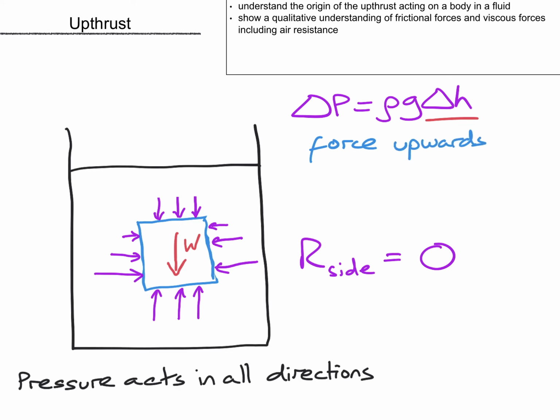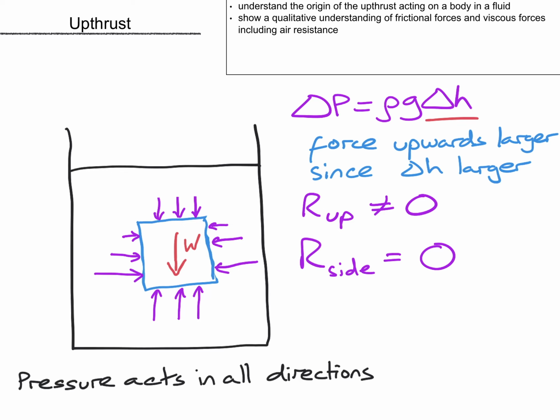The force below pushing up is larger than the force above pushing down. There is a resultant force from the water pushing the box up, and this is called upthrust.